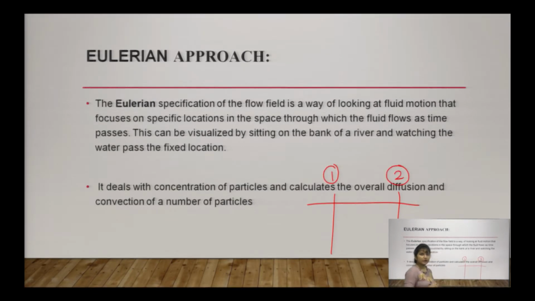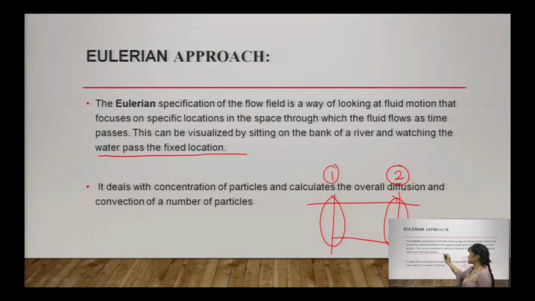We can calculate all those parameters of all the fluid coming at section 1, and then after travelling to section 2, we can again calculate all those parameters required for calculating the motion of fluid, and their difference will give the value of those parameters. That is, the Eulerian approach is at a fixed location.